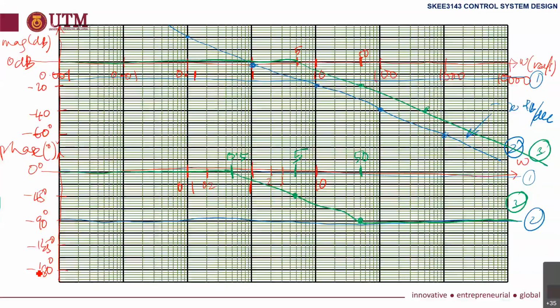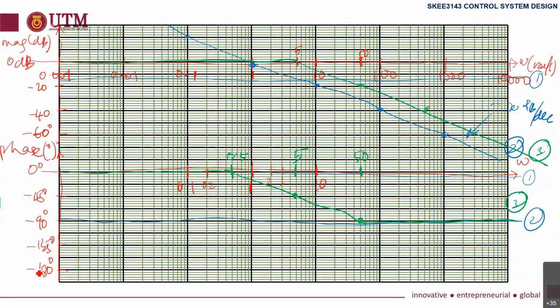If we divide, we subtract, and it's already in dB. So the final magnitude is obtained by adding all the components. How to add?